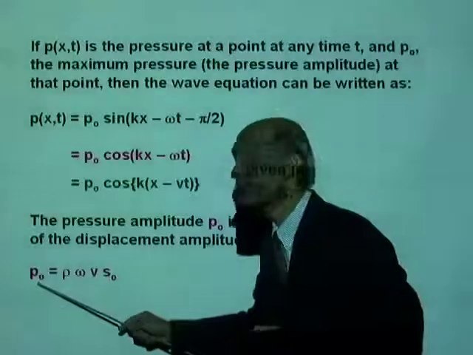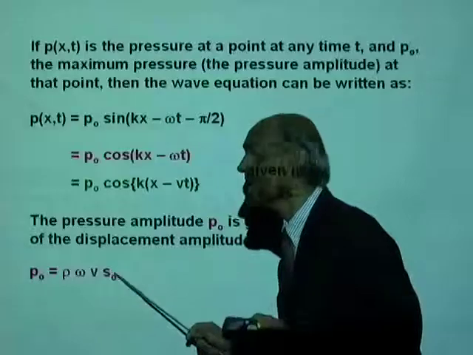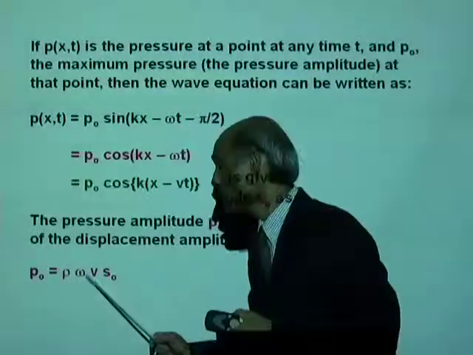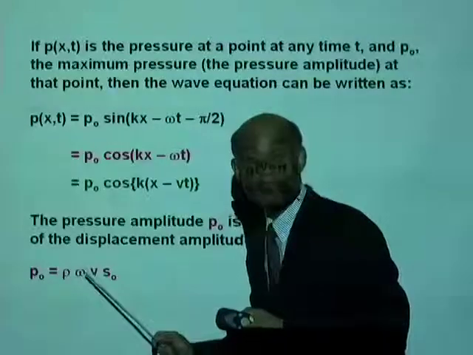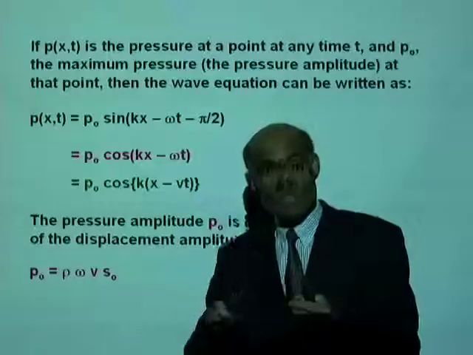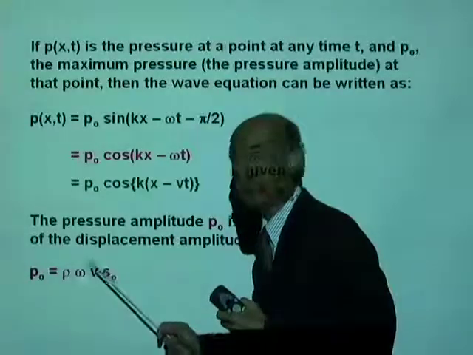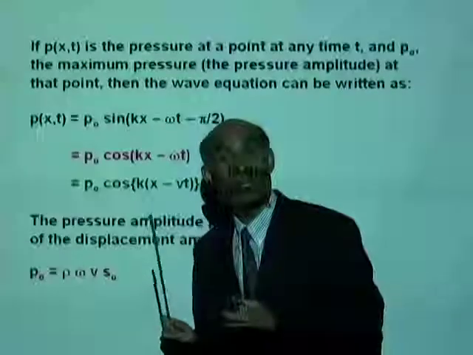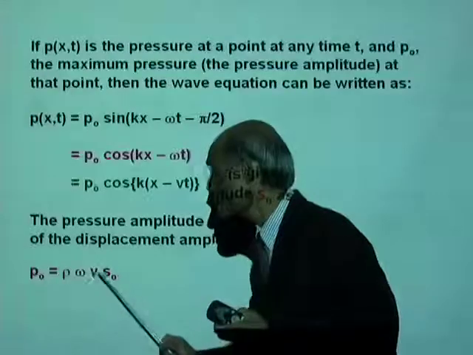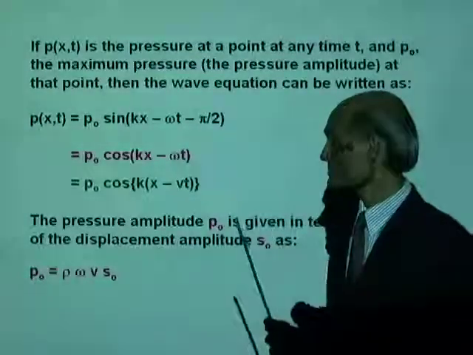It is P0 equal to rho omega V S0. Rho is the density of the medium. Omega is the angular frequency, that is 2 pi f. V is the speed of the wave. S0 is the displacement amplitude. P0 is the pressure amplitude. So, a relation between pressure amplitude and displacement amplitude.